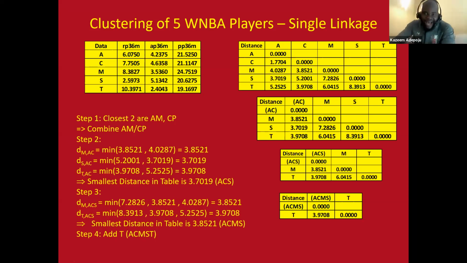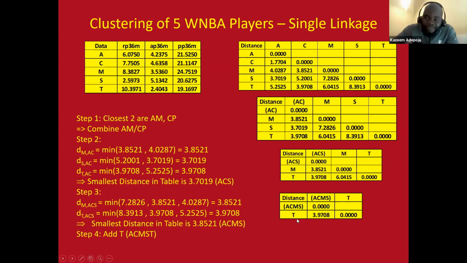It means out of 5 players, 4 of them, A, C, M, and S, have something in common, and that is the reason why they're going to be grouped together. It is only this player, T, that is different from them. So we got 2 groups right here.